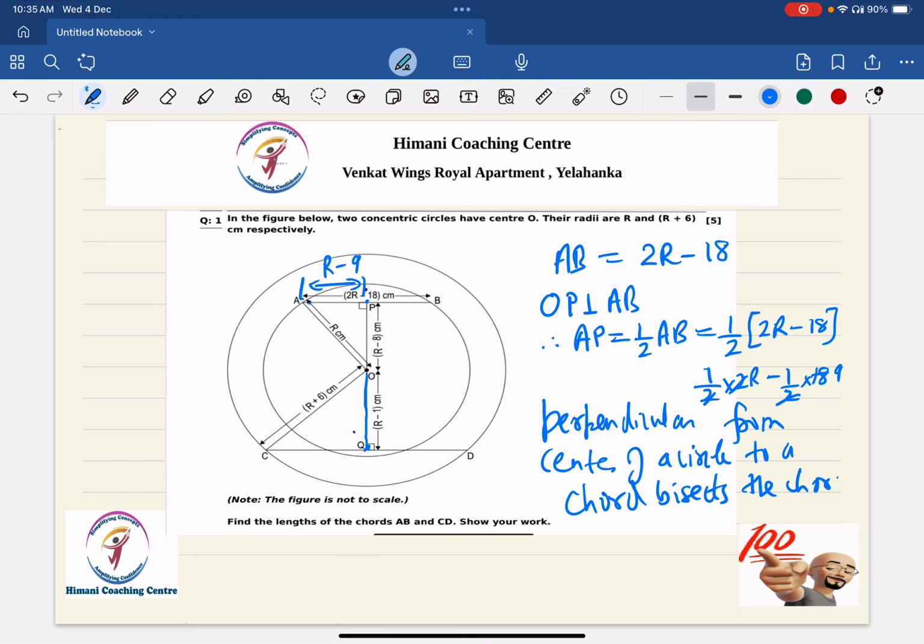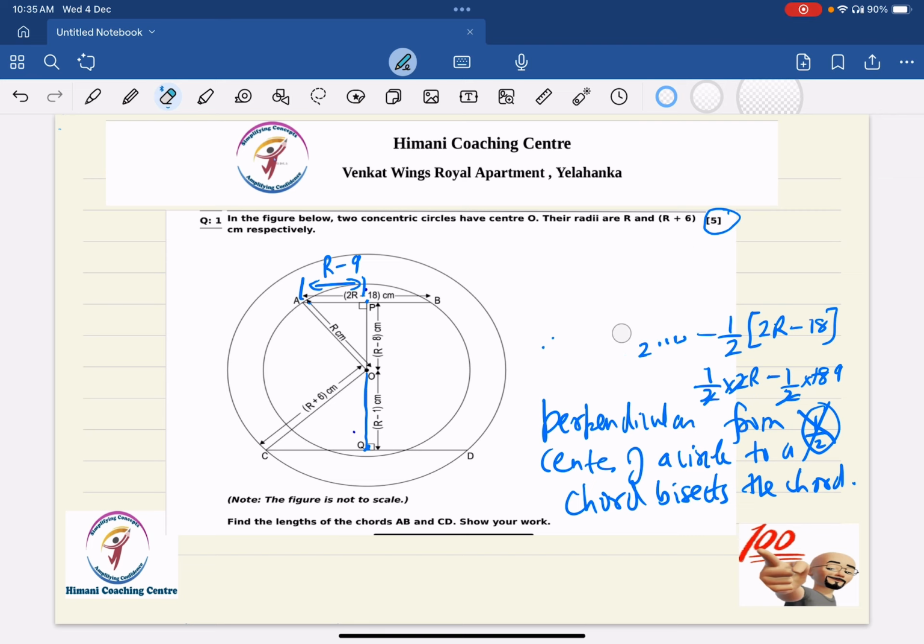Okay, why am I insisting on this? Look at the marks. This is a 5 marker question. So half mark would be just for writing this step. So you will get 1 by 2 mark for writing this. If you don't write this, you won't get this half mark. So be sure that you are writing the steps properly.